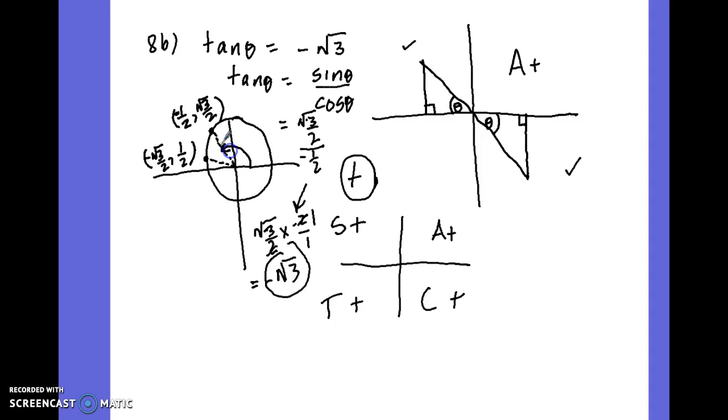And that angular position, when you check it out carefully, is going to be 2/3 pi right here. 2/3 pi. And the other one, well, let's do it right here. This is the 2/3 pi. And the other one would be right down here, all the way around to here.